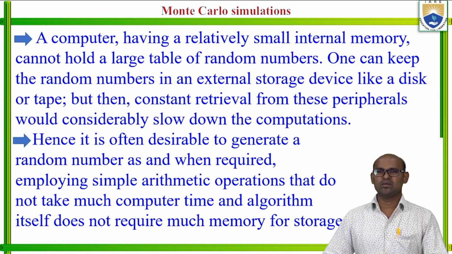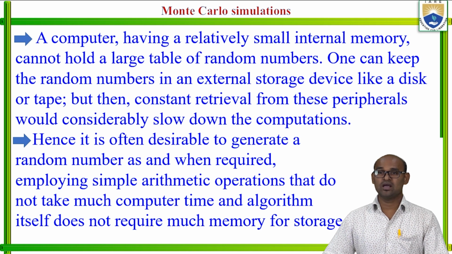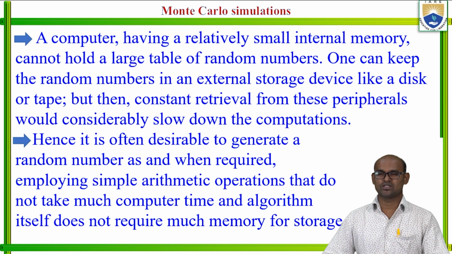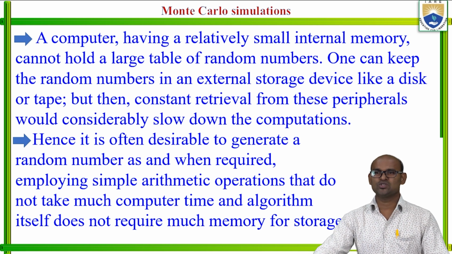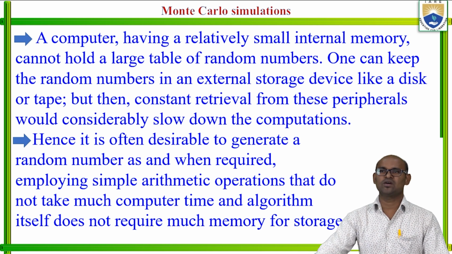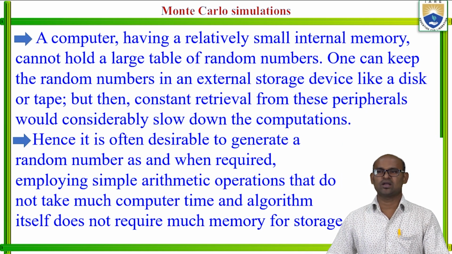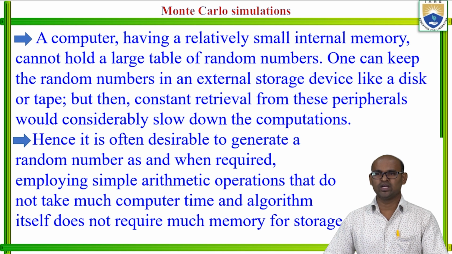One can keep the random numbers in an external storage device like a hard disk or a tape. But then constant retrieval from these peripherals would considerably slow down the computations. You can store these random numbers on a hard disk or a tape of a computer, and while we are carrying out the simulation, we can retrieve the random numbers whenever we need them from these peripheral devices.